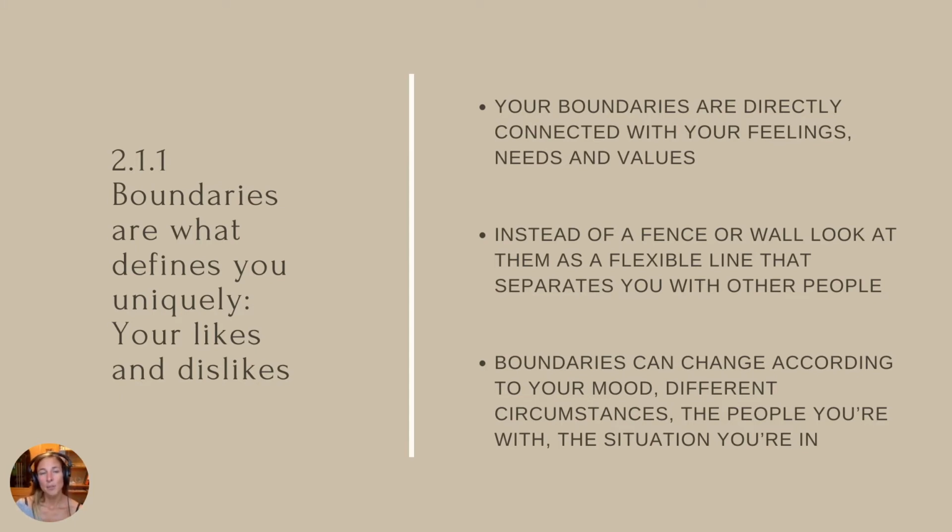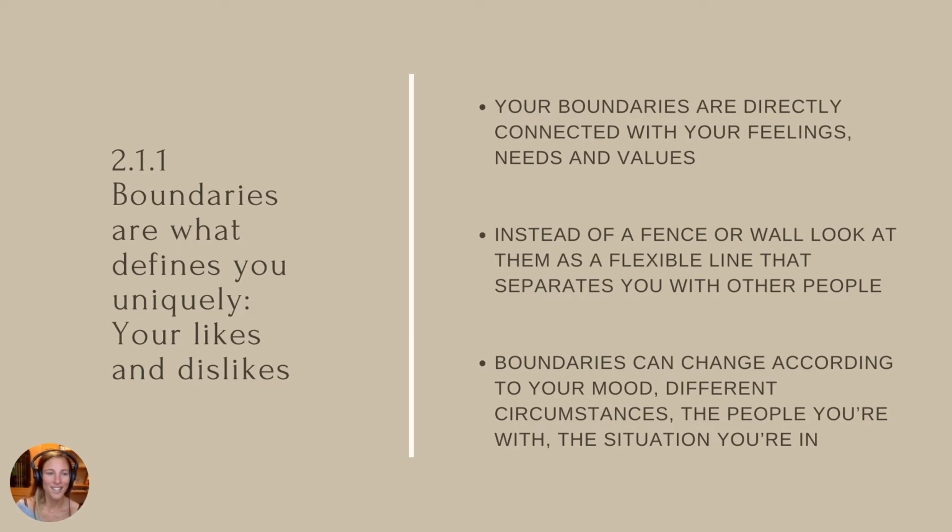So, in very simple terms, you can imagine that boundaries are what defines you uniquely, your likes and dislikes. You can imagine there's a line going around you as a person, which separates you from other people. And this line is about what kind of things you like.